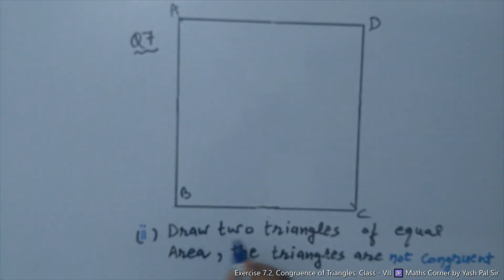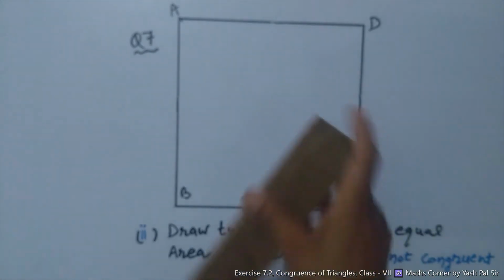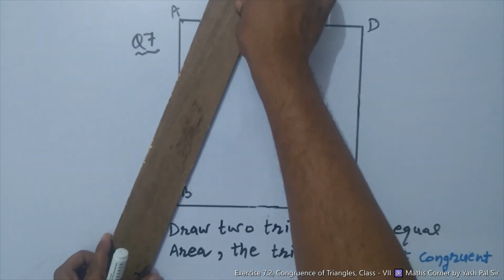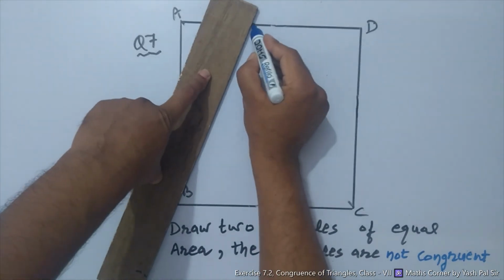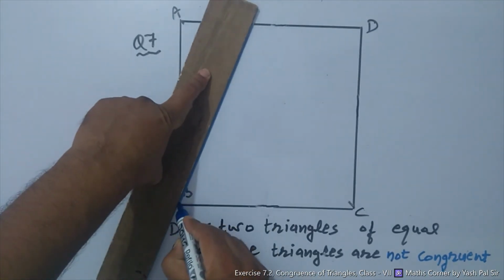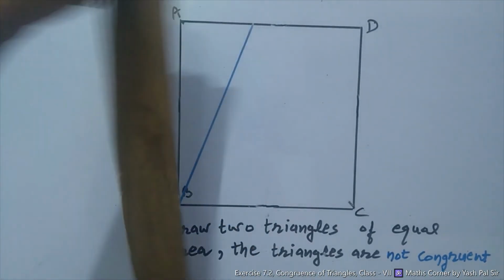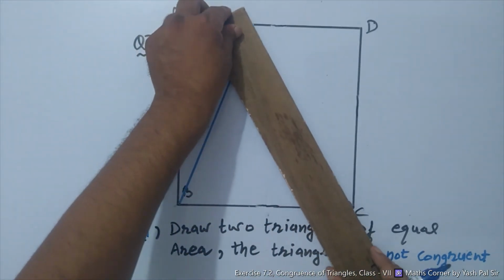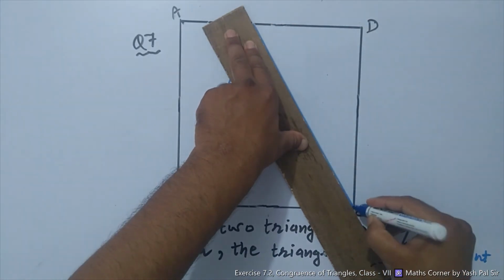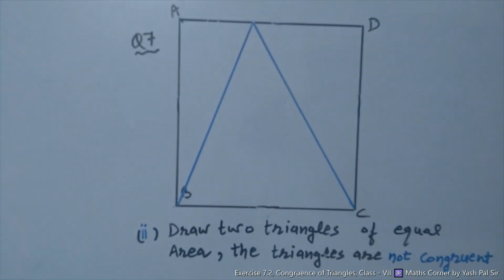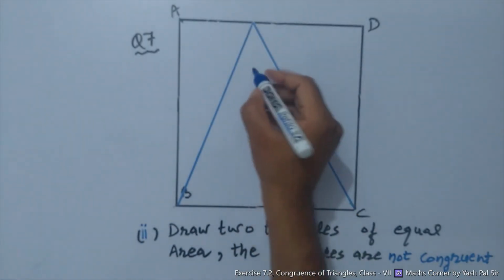Second part. In the second part, we have to draw two triangles of equal area, but the triangles are not congruent. So how can we draw? First of all, we join this way. One triangle, this way we have drawn one triangle.